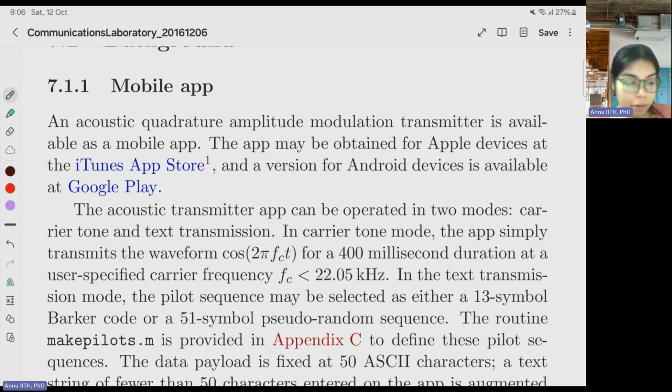I'll just show you the acoustic quadrature amplitude modulator transmitter. So go to the Play Store.